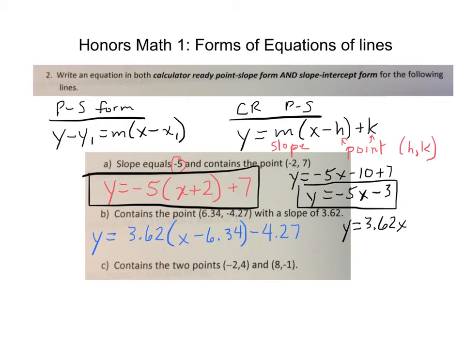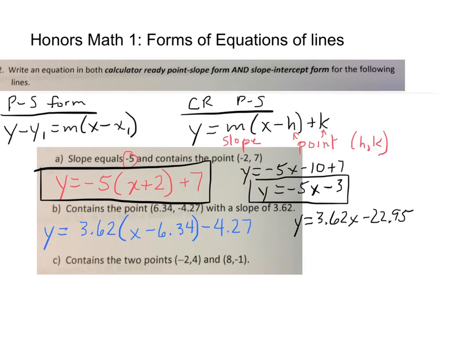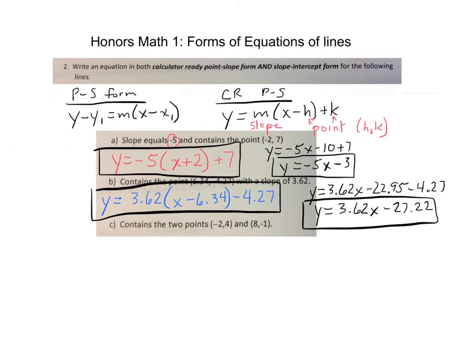Minus 22.95 minus 4.27. So your final answer will be y equals 3.62x minus 27.22. Slope-intercept form, point-slope form. Okay, so it shouldn't be that bad.